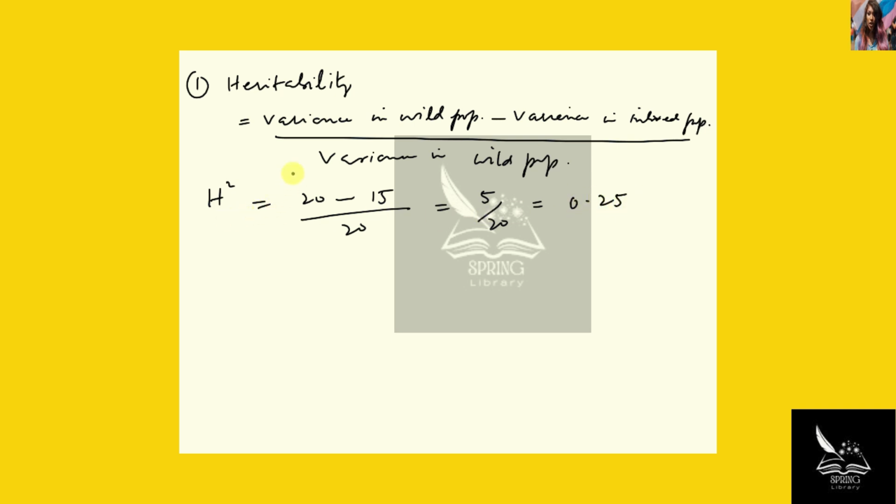So the heritability of obesity for the wild house mice population is 0.25.